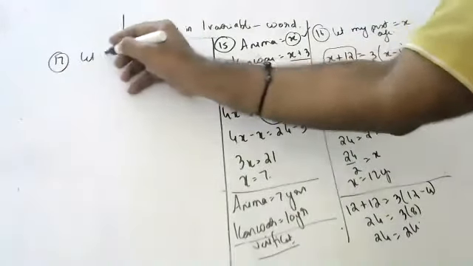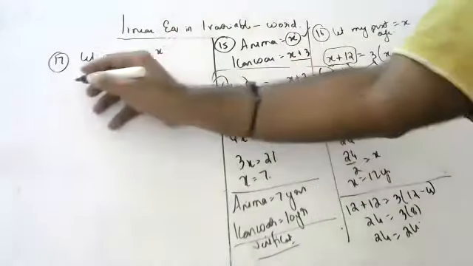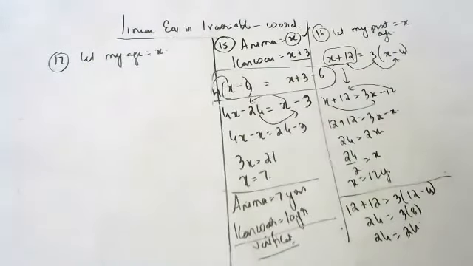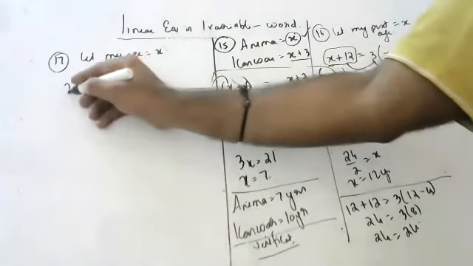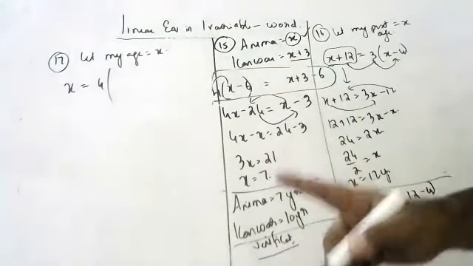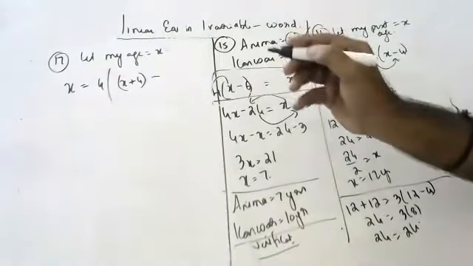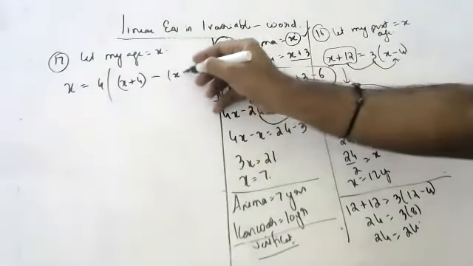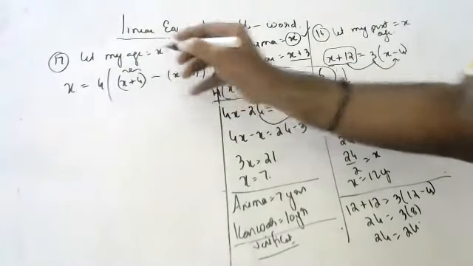Let my age be x. The difference of my age after 4 years means x plus 4. Difference means minus. My age 3 years back is x minus 3. So my age is 4 times the difference of my age after 4 years and 3 years back.